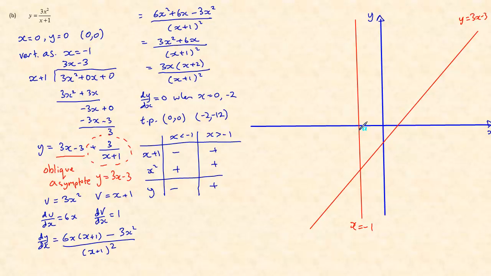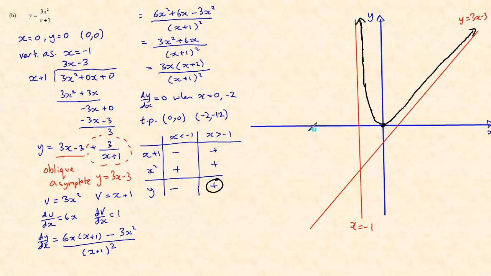We know that it goes through 0, 0. We also know that's a turning point. And from here, this side of the asymptote, the curve is always above the axis. So there's only really one thing it can do, which is come down from the vertical asymptote, have the turning point here at the origin, and then go off along the oblique asymptote.